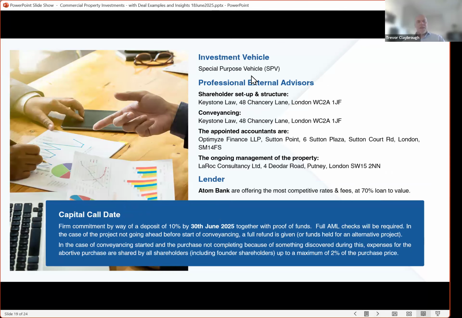So this is an SPV, and these are the people that deal with the legals, the accountants, and the ongoing management. Ongoing management is La Roque Consultancy. That's Duncan's consulting company. And this is open for investors up to the end of this month.